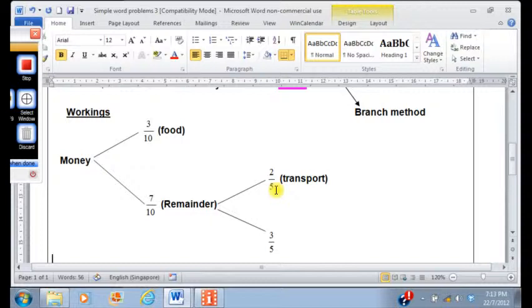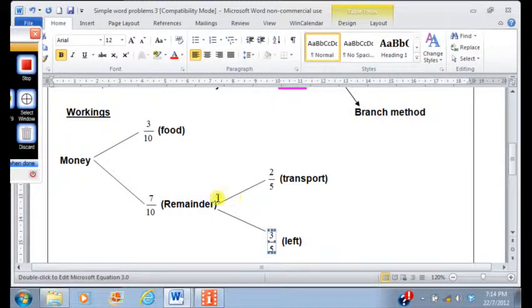Why? Because these two must add up to one whole, and this is the amount that he had left. One whole is 5 over 5, so 2 over 5 and 3 over 5 add up to one whole.